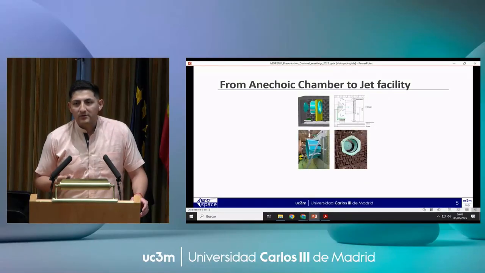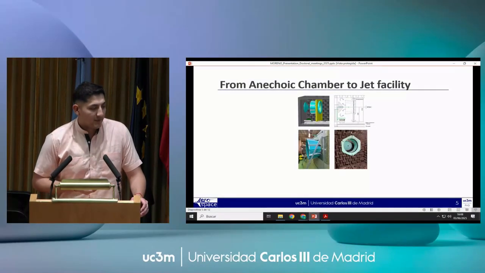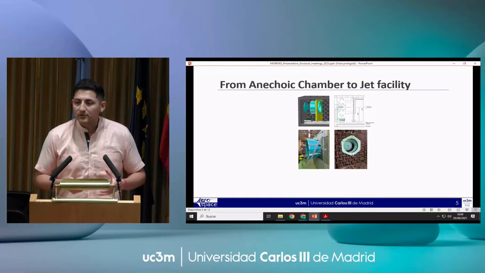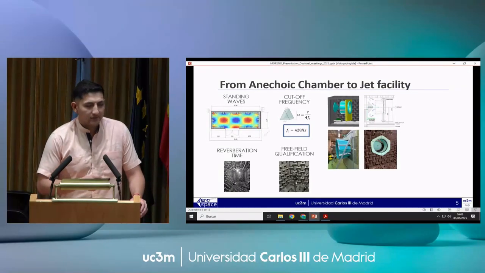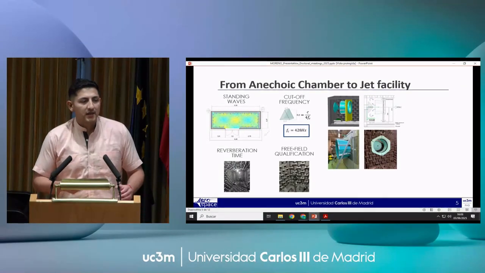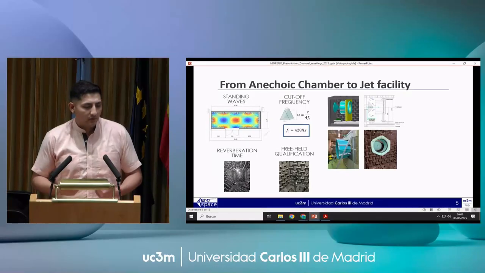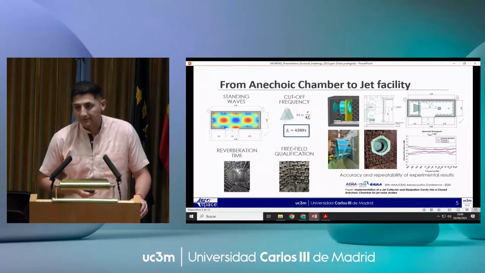To solve this, we proposed the implementation of an air collector and a dissipation cavity. Since we are modifying the acoustic properties, because we are modifying the dimensions of the anechoic chamber, we assessed by analysis and also performed some measurements to see the state before and after the intervention.